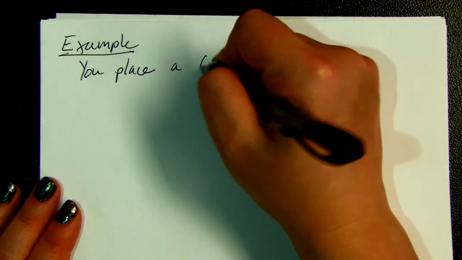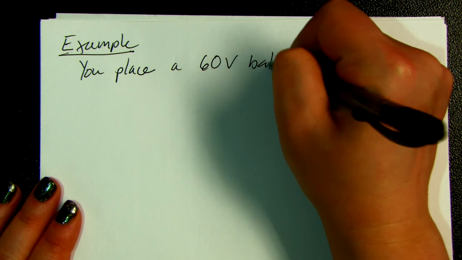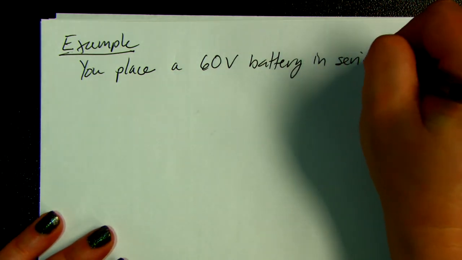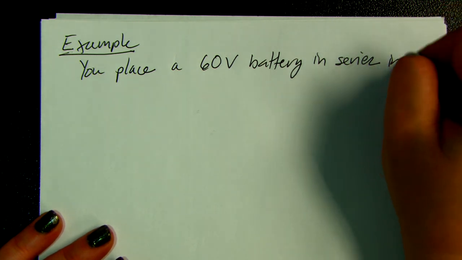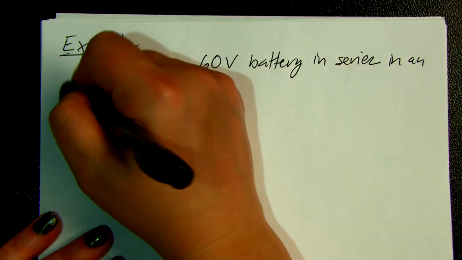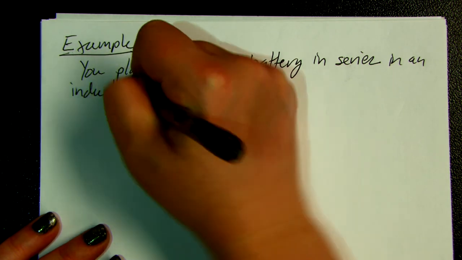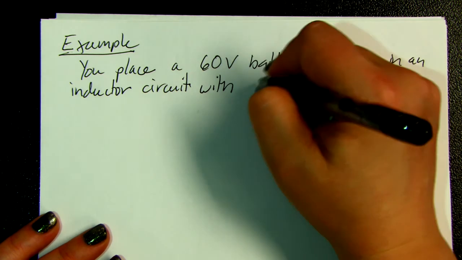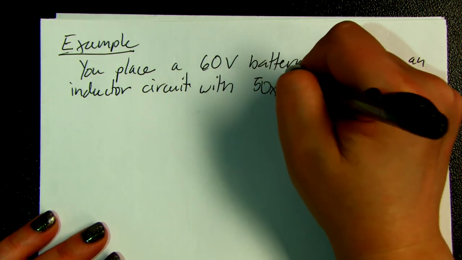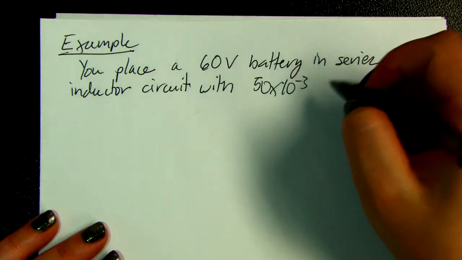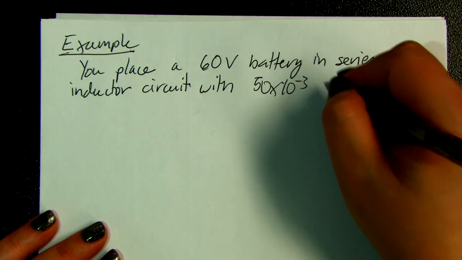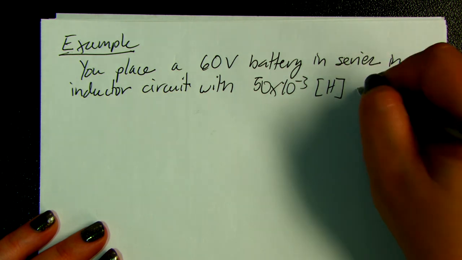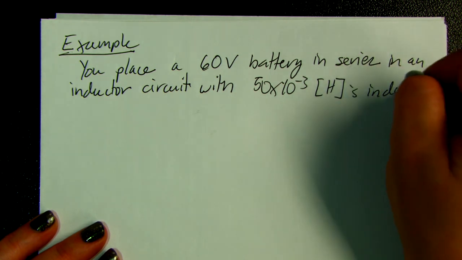You place a 60-volt battery in series in an inductor circuit with a 50 times 10 to the minus 3 Henry inductor.